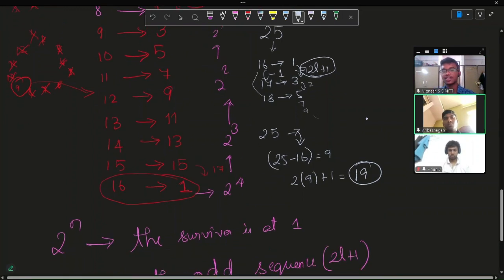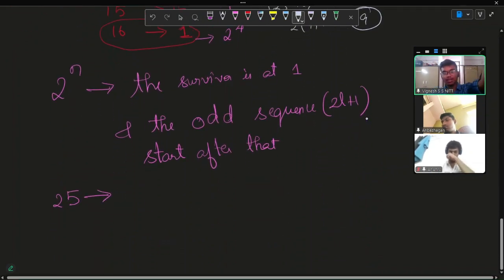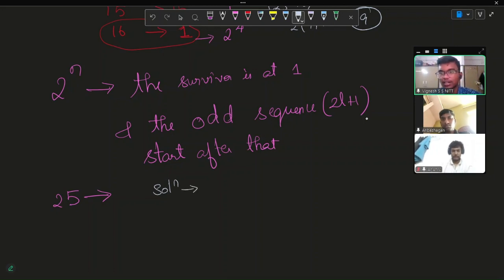So from that, we can write an equation for finding the answer. I will first write a normalized version, and then make it more mathematical.